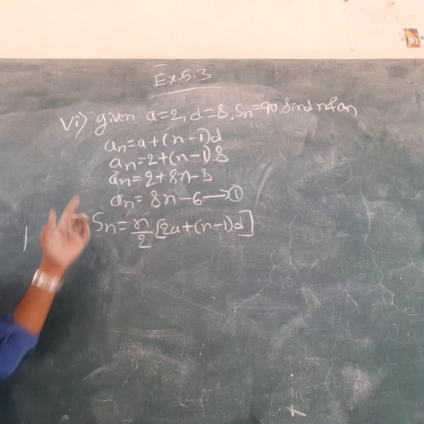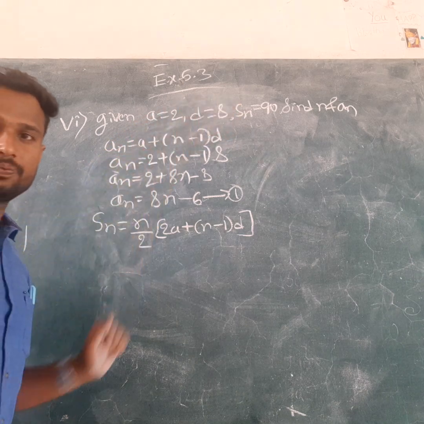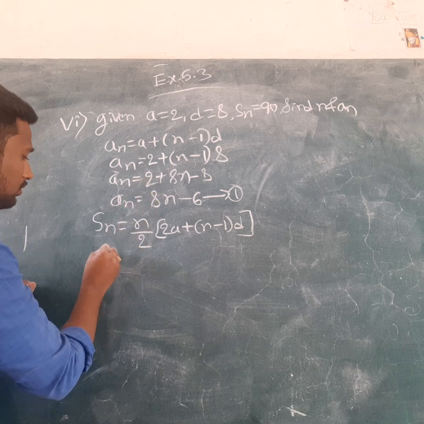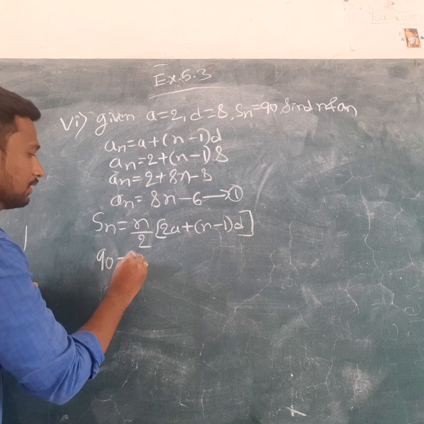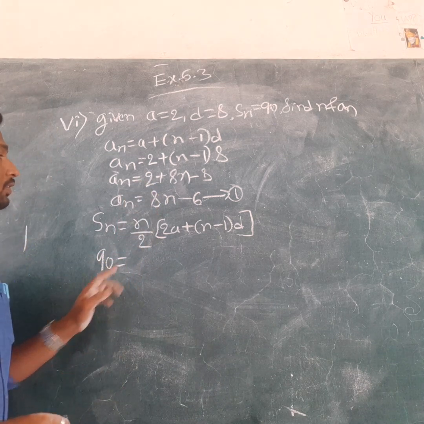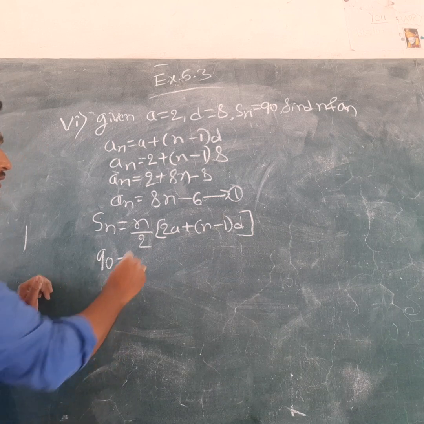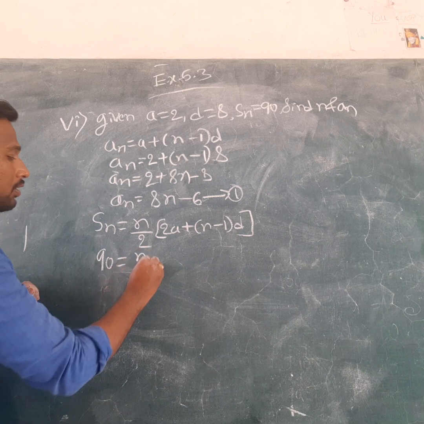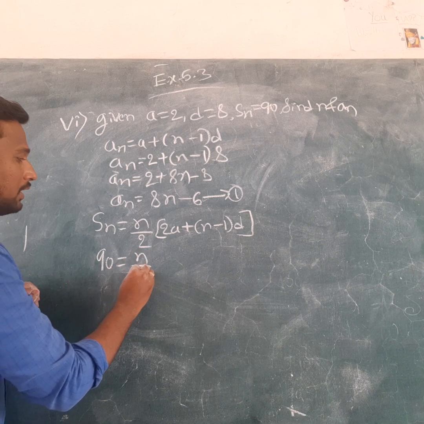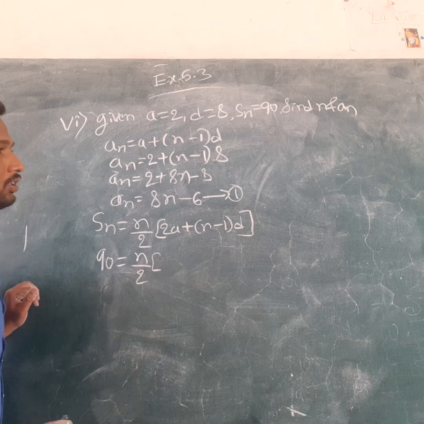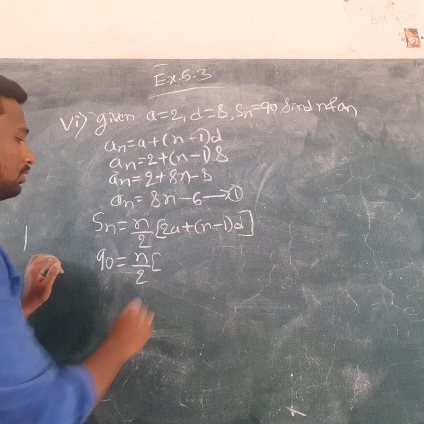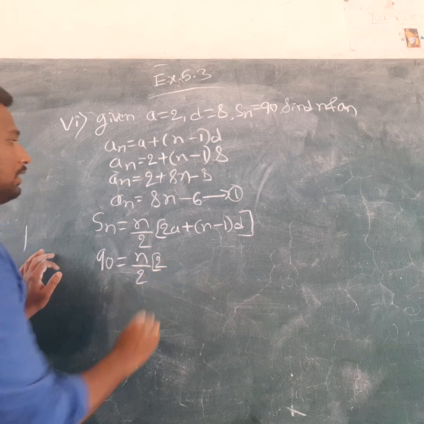Okay. They have given Sn value. What is Sn value? 90 is equal to, what is n value? They have not given. So n by 2 into bracket 2a.